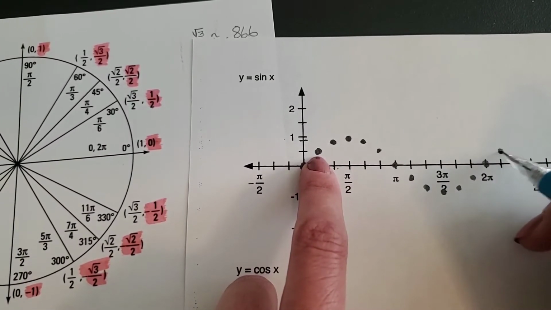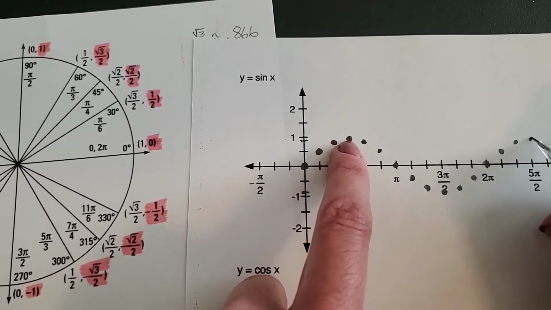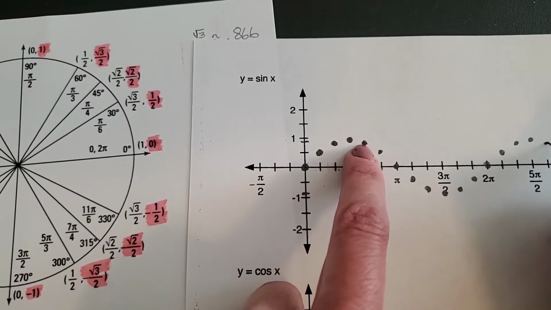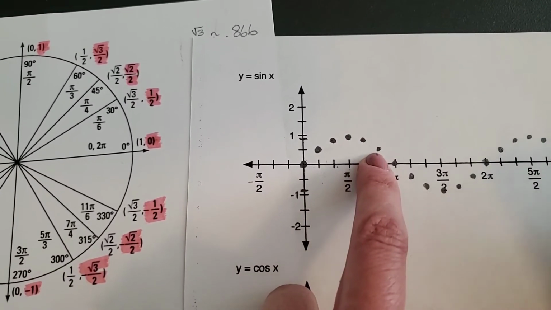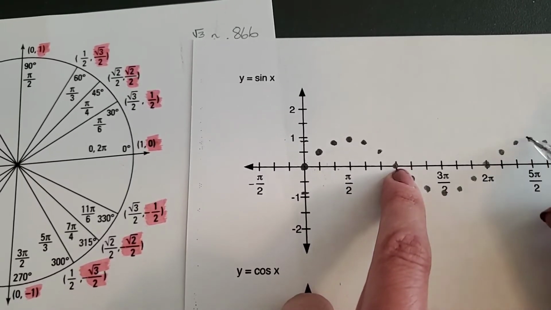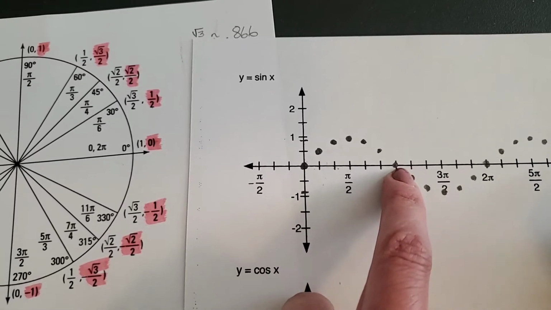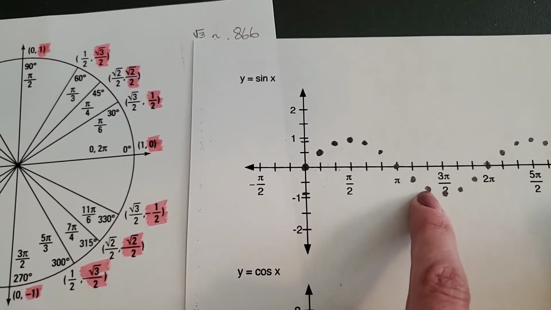1/2, √3/2, 1, √3/2, 1/2, 0. And then it goes above the horizontal axis and then below the horizontal axis.